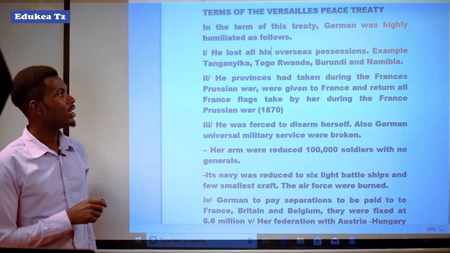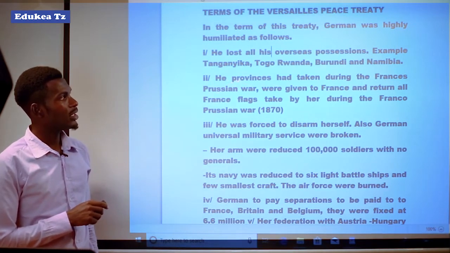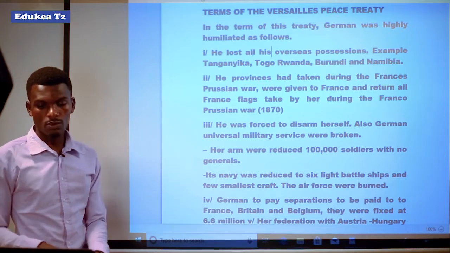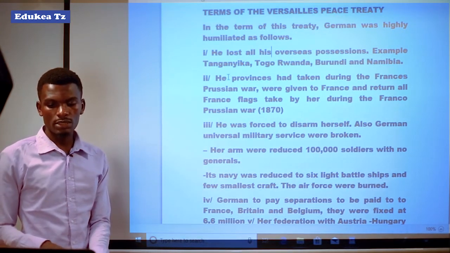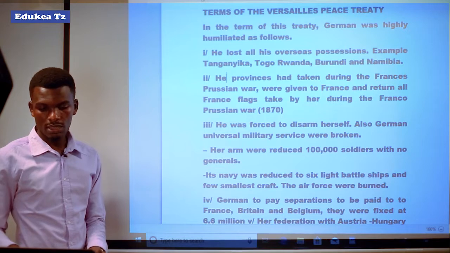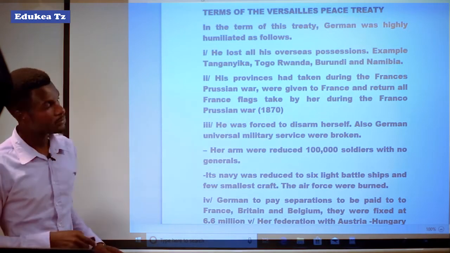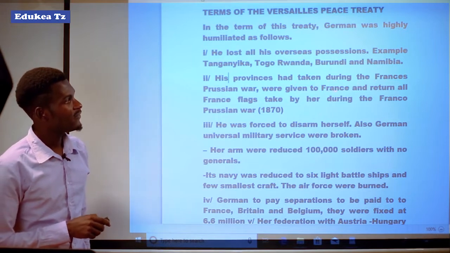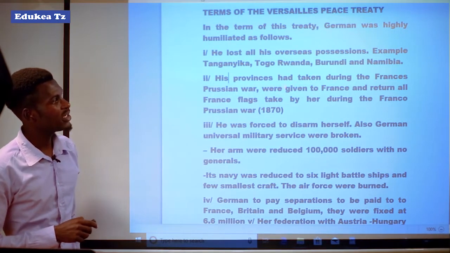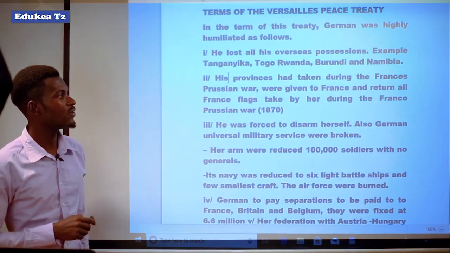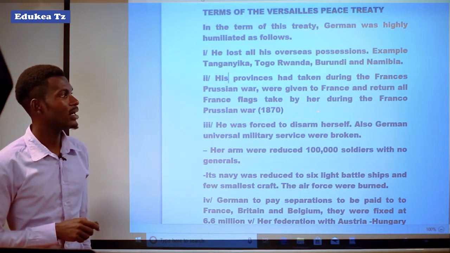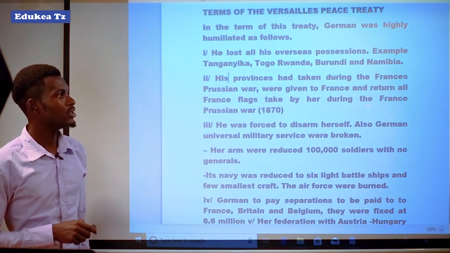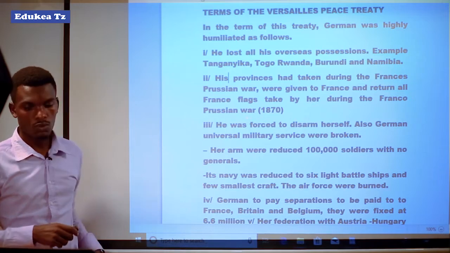But also, his provinces taken during the Franco-Prussian War were given to France, and he had to return all French flags taken by him during the Franco-Prussian War.